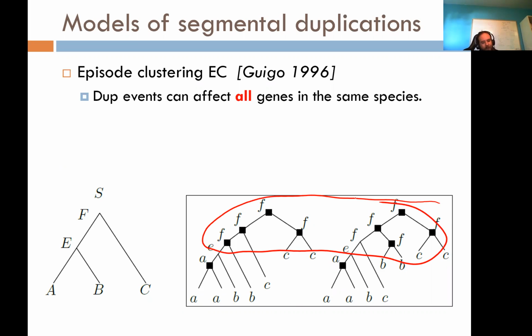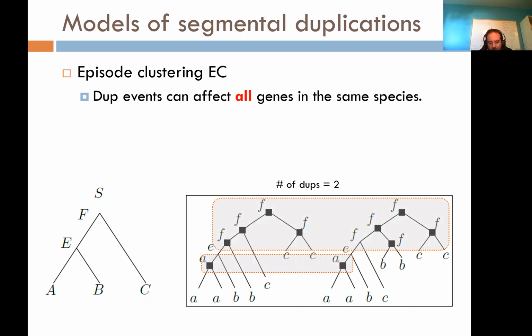Obviously this can't always be the case, but the reasoning is that if there are that many duplications in the F species, probably something special was going on, like rapid duplications in succession. So we might as well treat all of these as a single event. That's the basic reasoning behind that model. So this example would have just 2 segmental duplications, all the Fs and all the As.